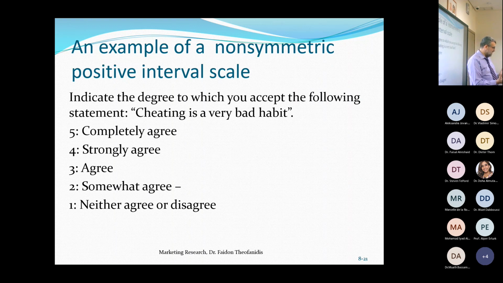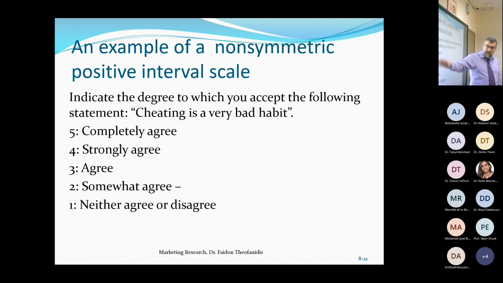It's a covert way to try to extract sensitive information, potential unethical or illegal behavior, in a very good scientific way. Those who disagree, even strongly disagree, will go to 1 and 2. You see? But at least you are being ethical when you present the survey, and still you can get your good evaluation. Now, as you can see here, 1 will be neither agree nor disagree, 2 somewhat agree, etc.